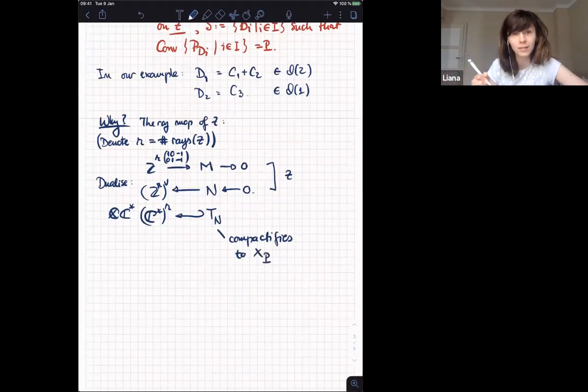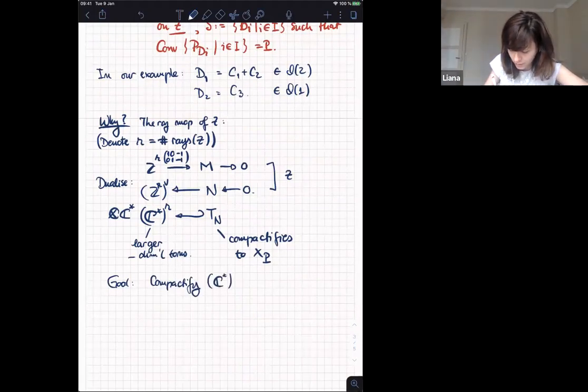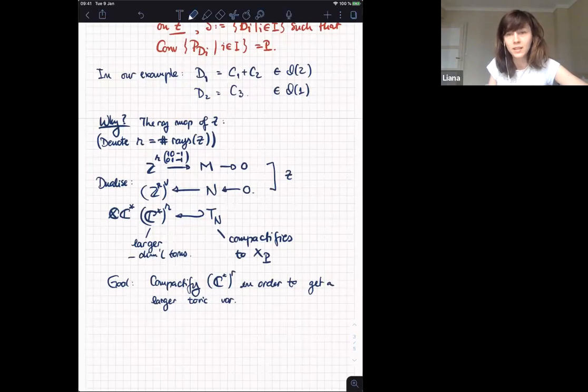So I've managed to embed this dense torus into a larger dimensional torus. So my goal now is just to compactify this C star to the R in order to get a larger toric variety, the one that I wanted to begin with. Okay, is this clear? Does anyone have any questions so far?